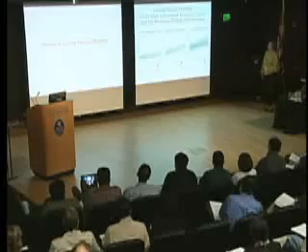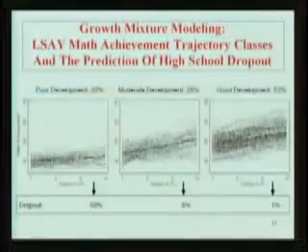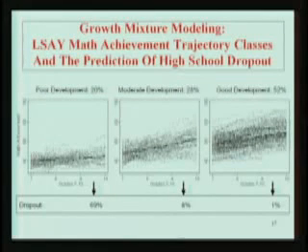We have 3 classes shown in the 3 plots, and those 3 classes differed in where they started in their math achievement. The first class started very low, the second a little bit higher, and the third a little bit higher yet. And they have different growth rates. So the one that started lower has a slower growth rate.